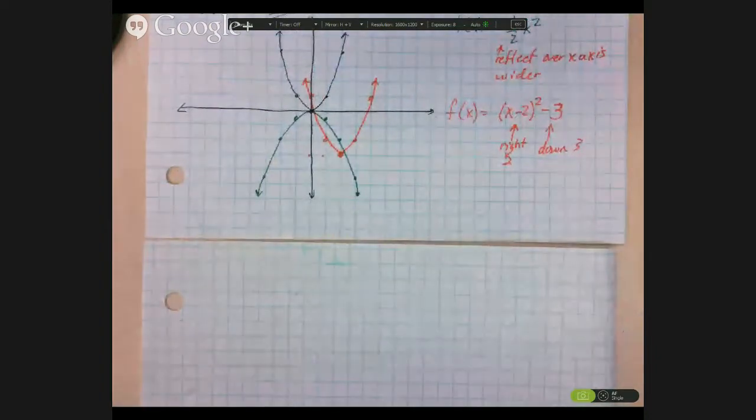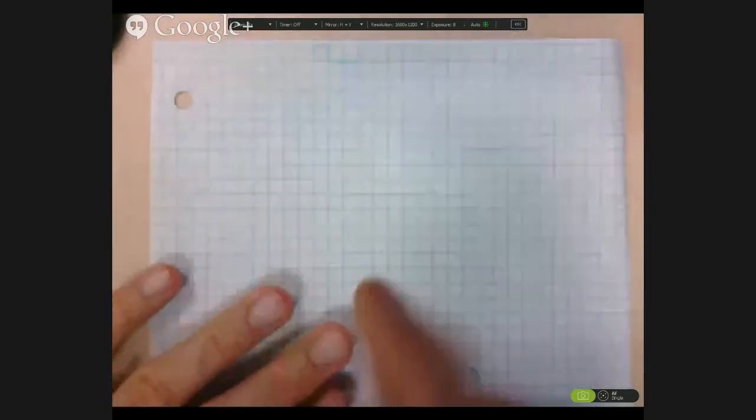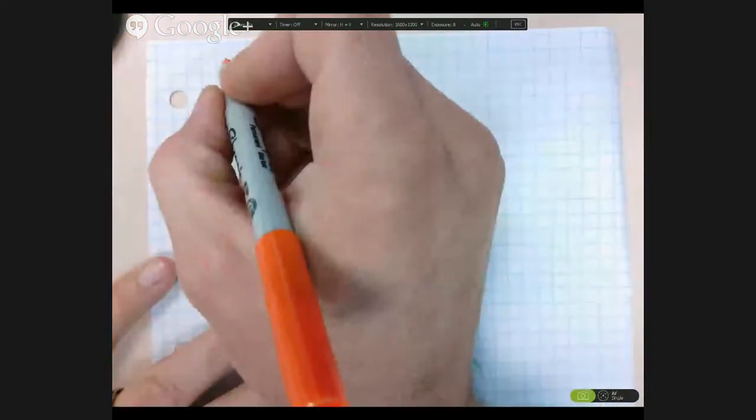I showed you the parent graphs yesterday. We had constant, linear. Do you want me to put these on paper for you, the parent graphs? How about a cubic? Do you want that down?